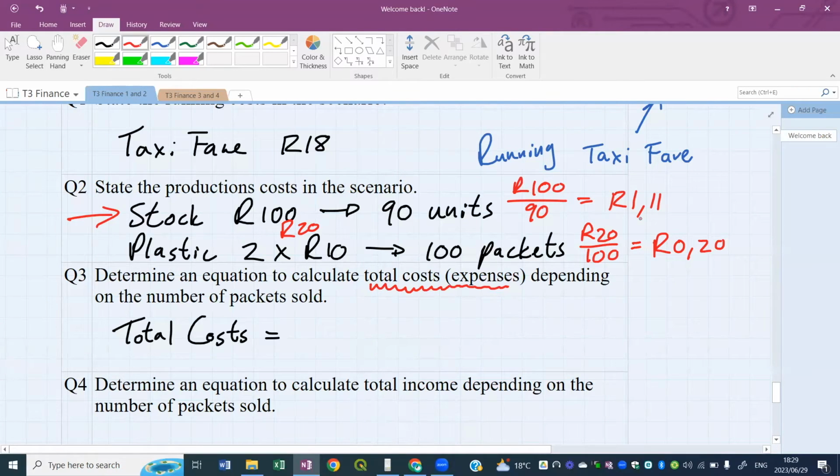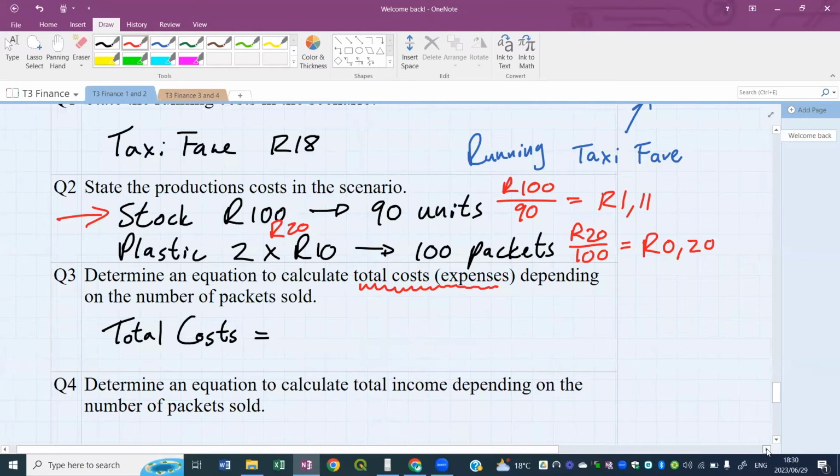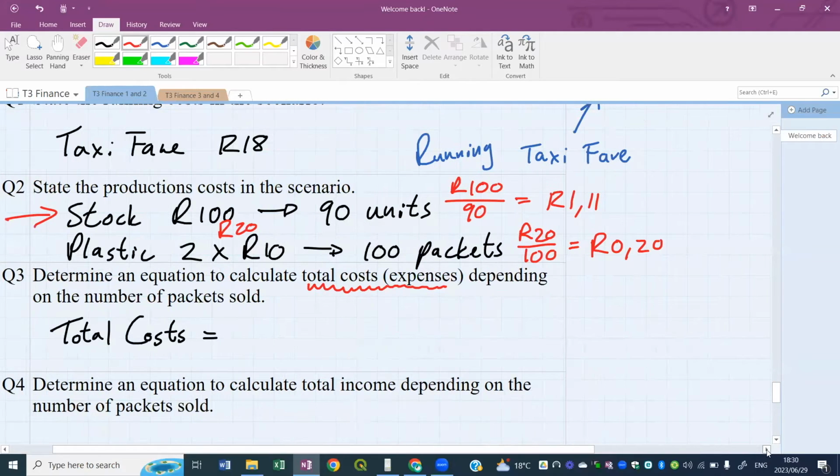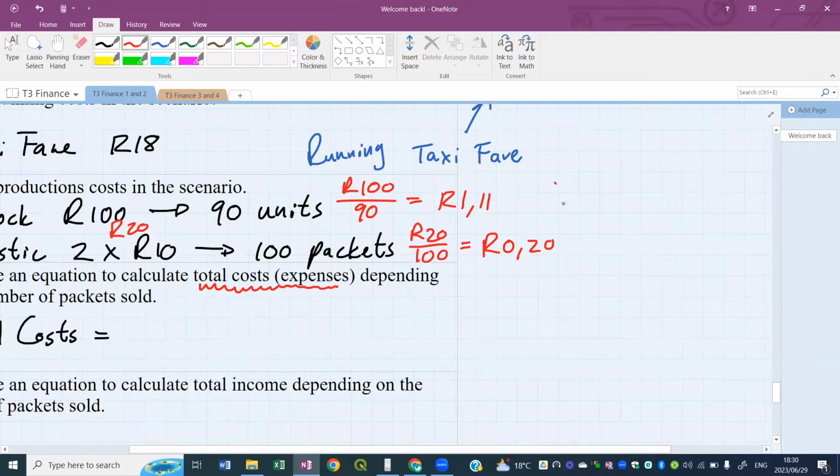All right. So that's 1 rand 11 for the cupcakes you need, and it's 20 cents for a packet. So altogether, we've got a stock price of 1 rand 11 and a plastic price of 20 cents. Now, ladies and gentlemen, we can actually add these two up, because this is 1 packet containing all the stock.